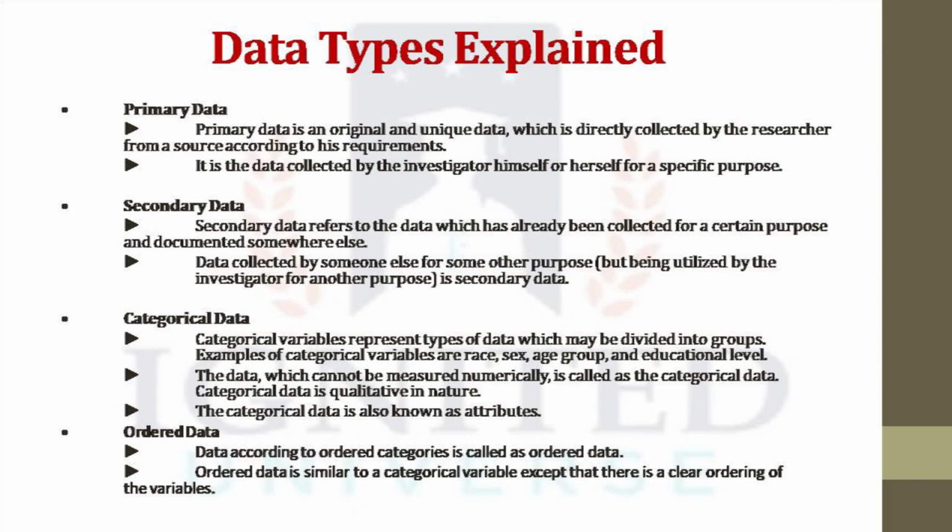It is the data collected by the investigator himself or herself for a specific purpose, whereas secondary data refers to data which has already been collected for a certain purpose and documented somewhere else. It is the data collected by someone else for some other purpose but is being utilized by the investigator for another purpose.